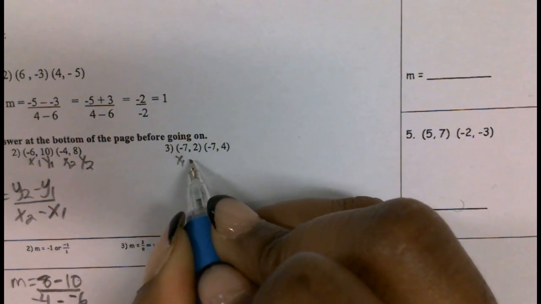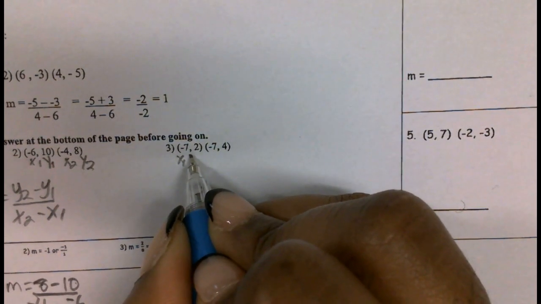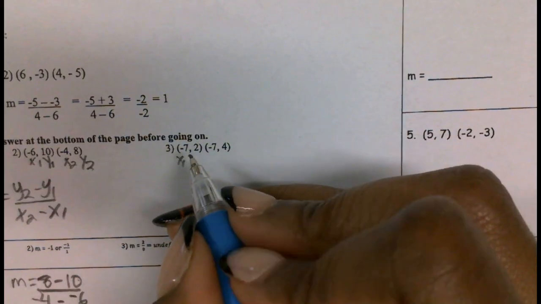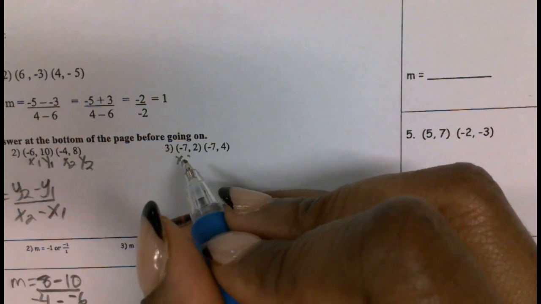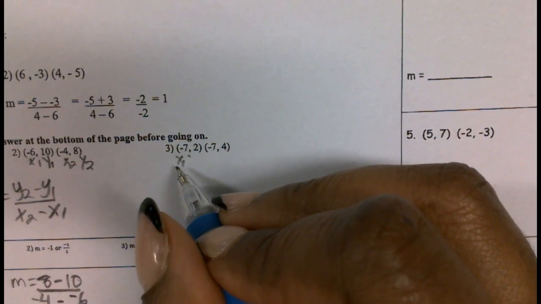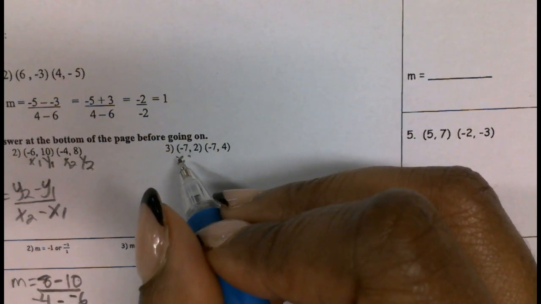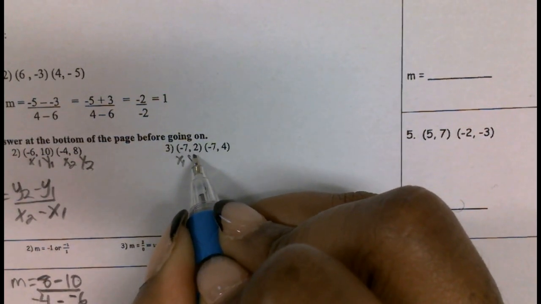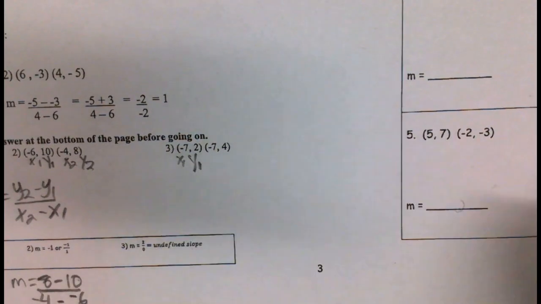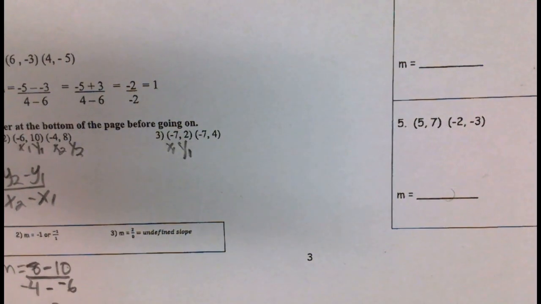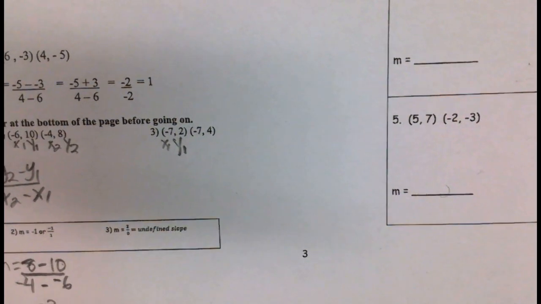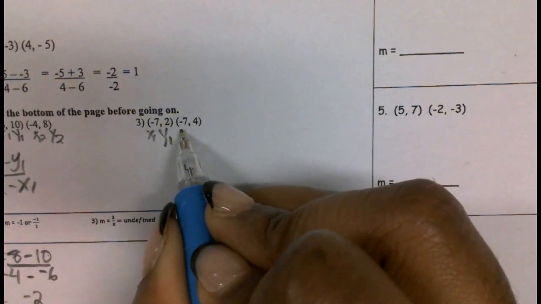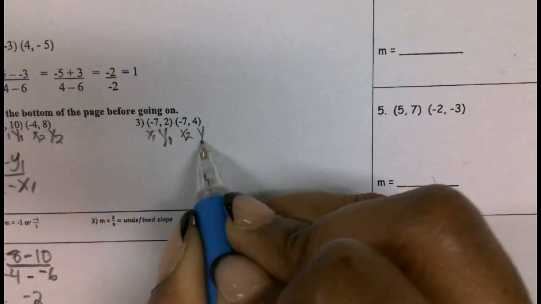X1. Nothing is Y1. Good job, okay? All right. How would I label the second point, Nala? X2, Y2.